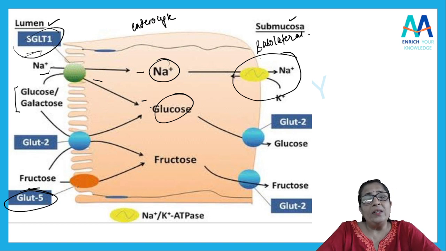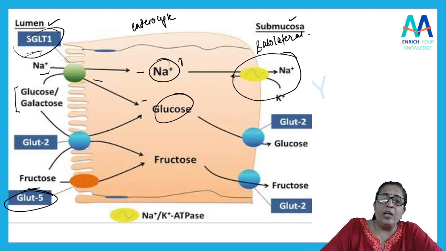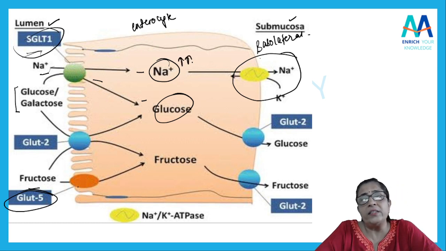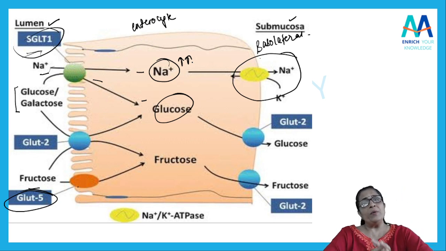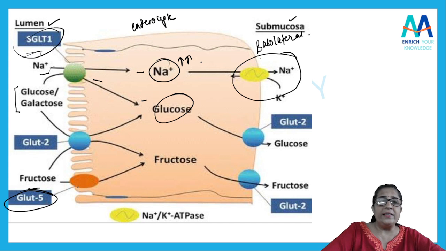So when glucose absorption is done, the concentration of sodium also increases inside the enterocyte cell. Now what will happen, students, when the sodium concentration increases? If there will be more sodium, then this SGLT1 will not work properly.